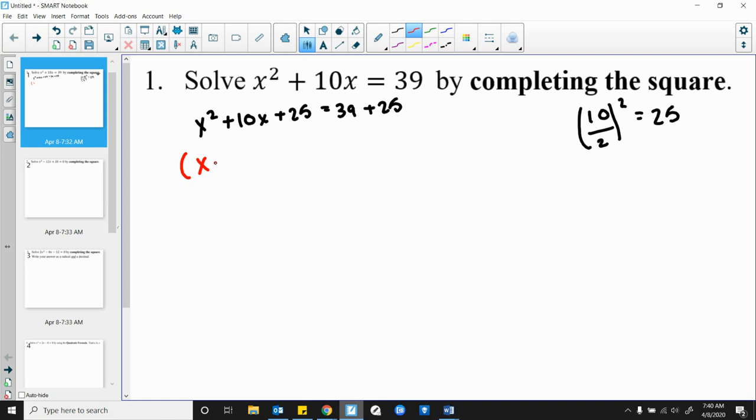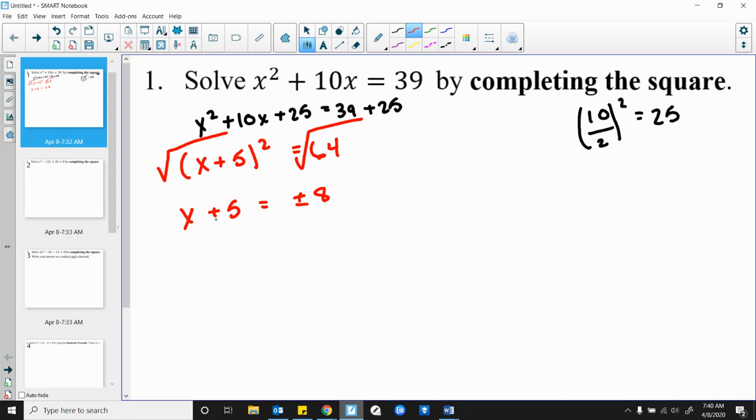So I'm going to have x plus 5 squared equals 64. Once I've simplified, I want to square root both sides. So I'll be left with x plus 5 on this side, and it's going to equal plus or minus 8.